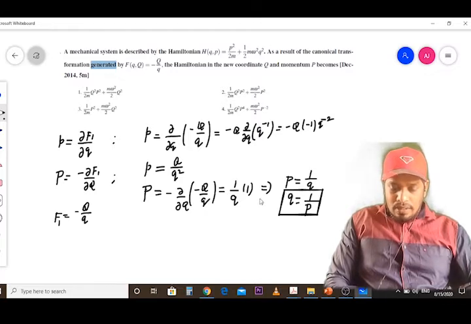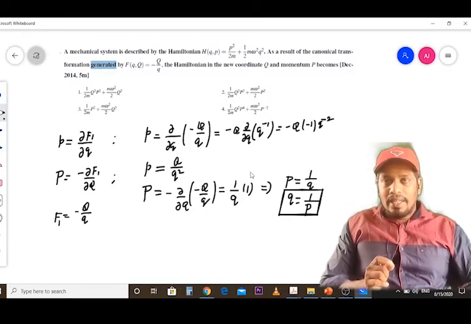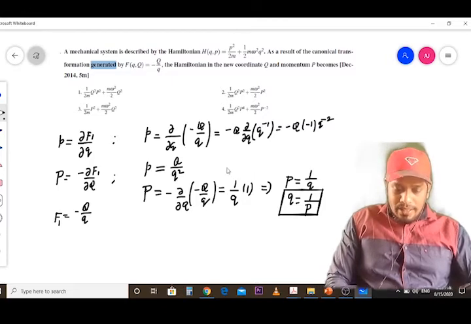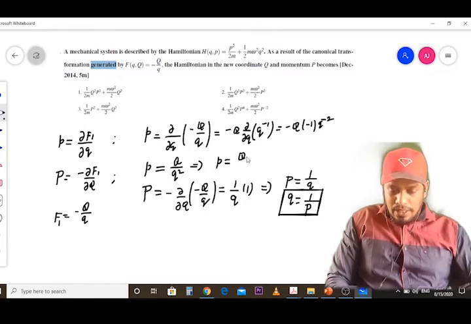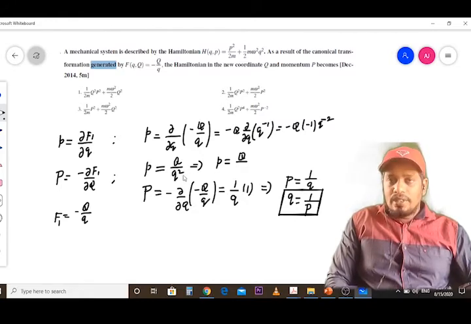Now, what is the old momentum in terms of the new coordinates? We can substitute here. The old momentum is equal to the new position coordinate divided by q square, the old coordinate square. We know q in terms of the new coordinate; substituting that value, it will be 1 by capital P whole square.